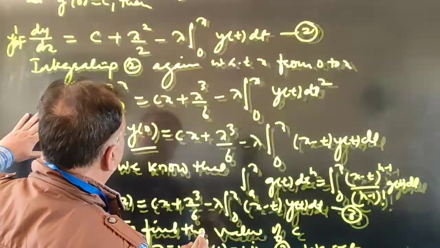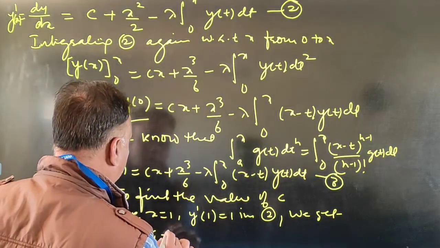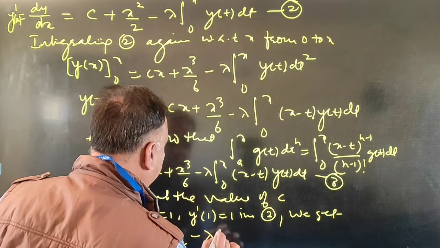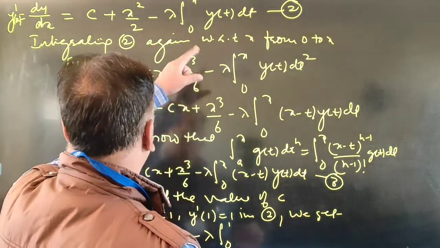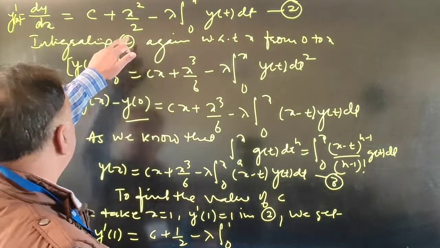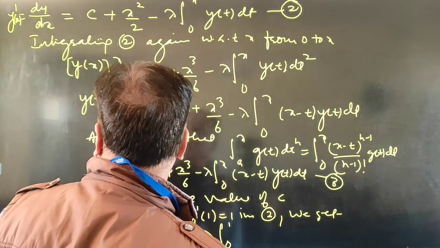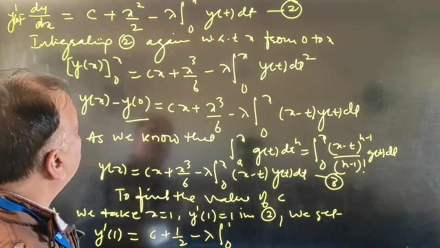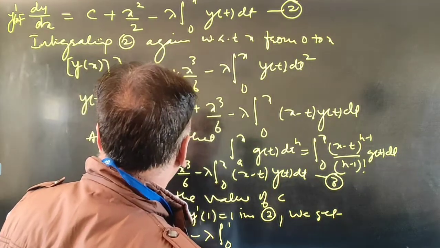C, that is c plus 1 by 2 minus c plus 1 by 2 minus lambda integral 0 to 1. C plus 1 by 2 minus lambda integral 0 to x, that is 0 to 1, yt dt.